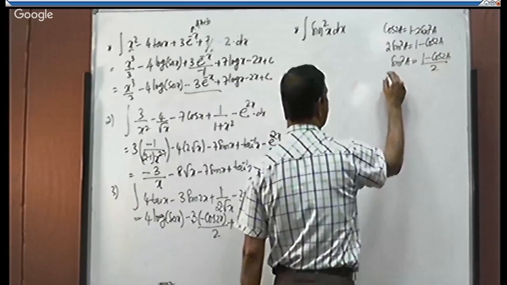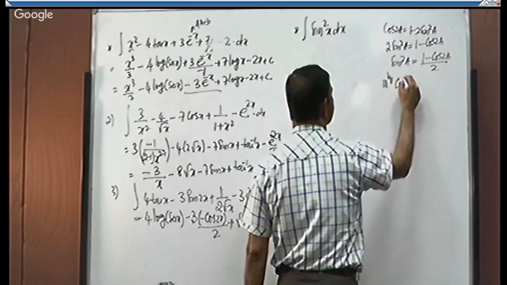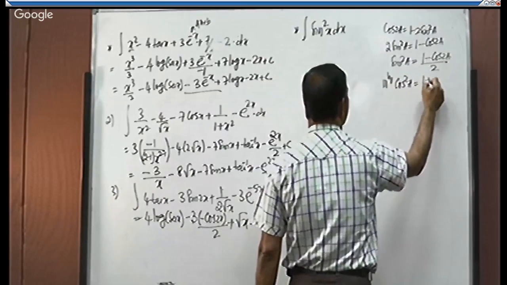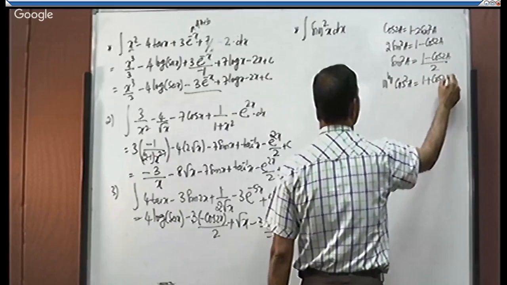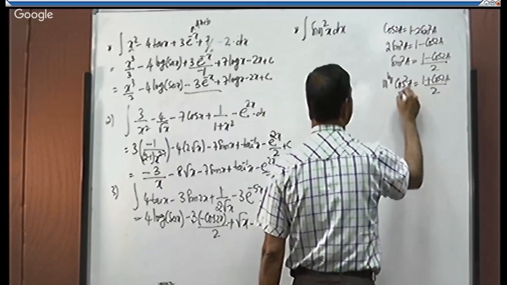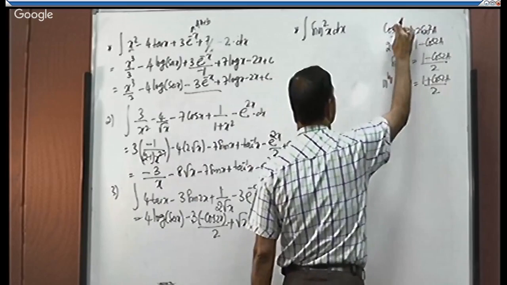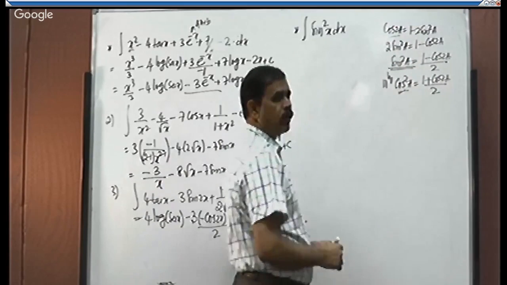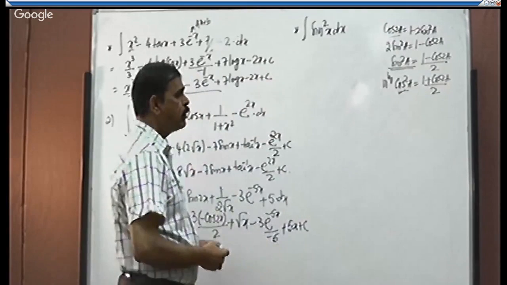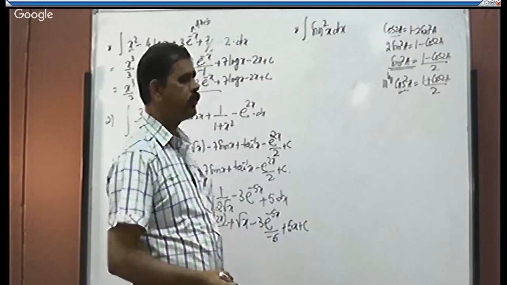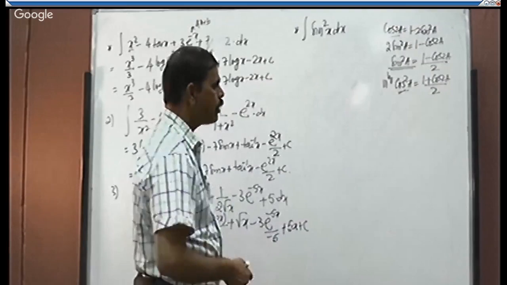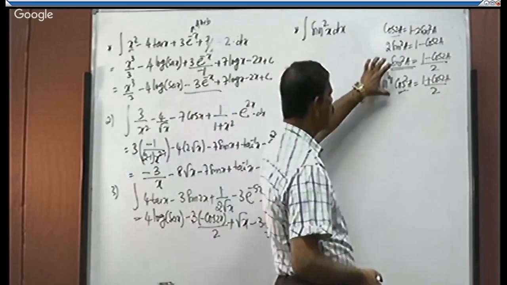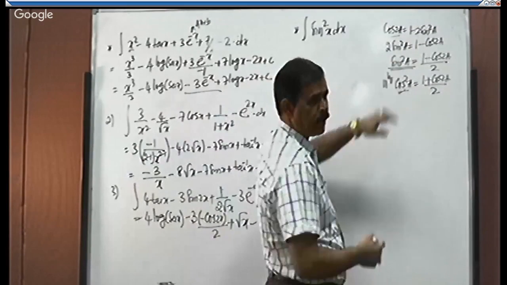Similarly, please remember for cos square a, you take it as 1 plus cos 2a divided by 2. These two are very important, right? Sin square a is equal to 1 minus cos 2a by 2. Similarly, cos square a is equal to 1 plus cos 2a by 2. We use these two formulas often.